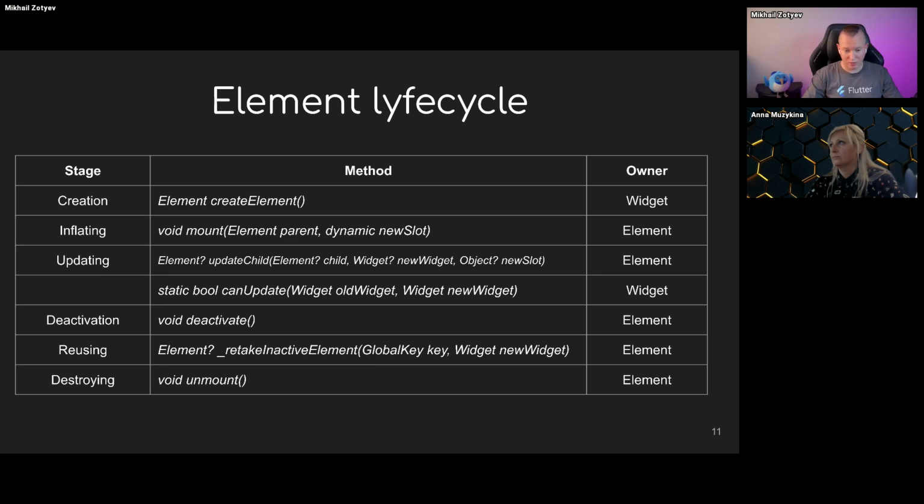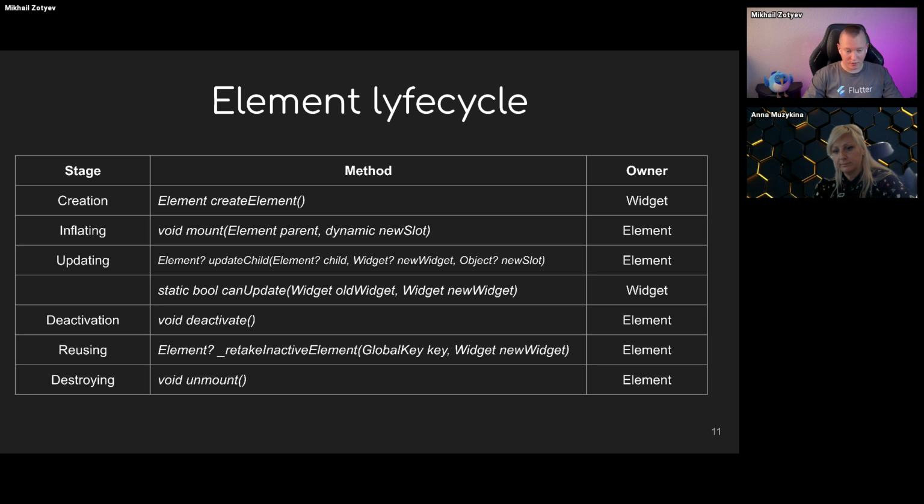During updating, there are possible scenarios: we keep the same thing, we just update the status of that subtree, change one of the values, for example, or completely replace the subtree with another subtree. So the canUpdate method from widget helps when Flutter runs updateChild on the element to decide how to manage those things.